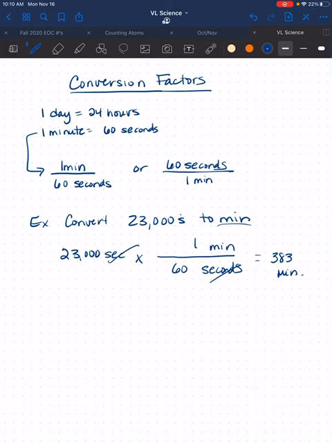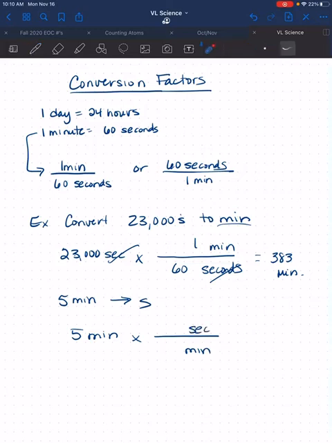But I could have easily said, if we have 5 minutes, convert that to seconds, in which case we're still using the same idea of the conversion factor, but this time we need minutes on the bottom and seconds on the top. So we would be using this first conversion factor. 60 seconds are on the top and 1 minute is on the bottom.